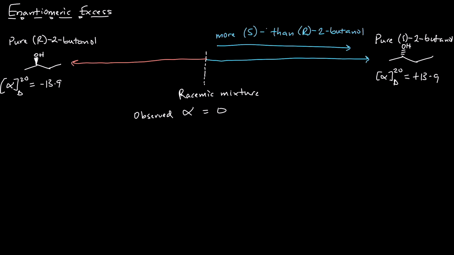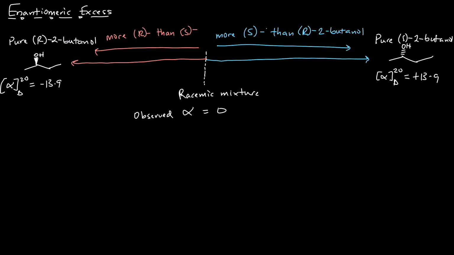And then on the other side, if you had a sample of some combination of R and S and you get an observed alpha that is negative, somewhere between 0 and negative 13.9, that means that you have more R-2-butanol in your sample than S-2-butanol.